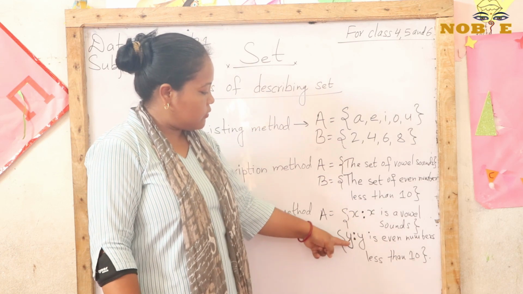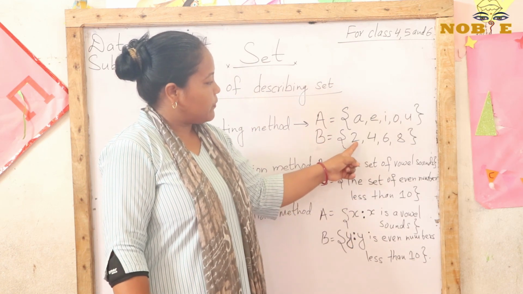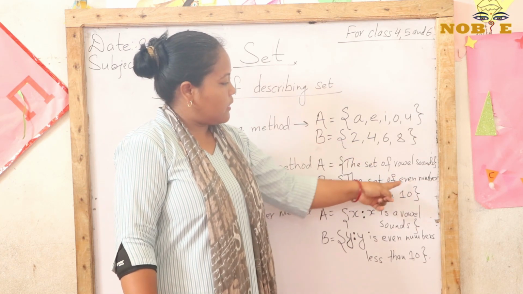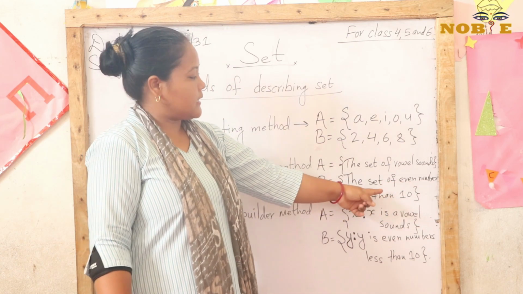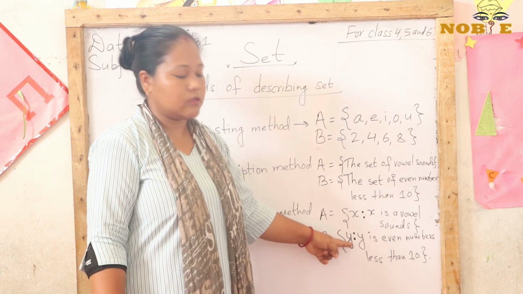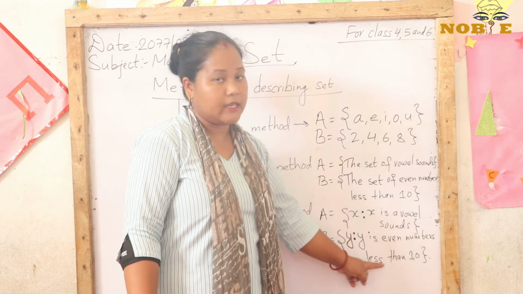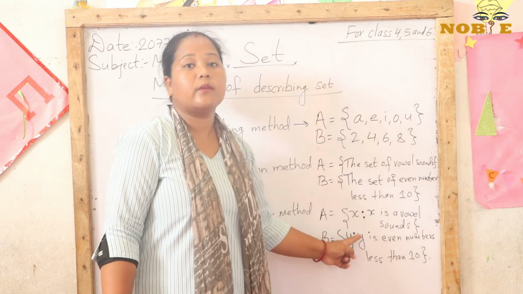So we are using y here. Y is a variable to denote the elements of set B, even numbers less than 10. So y such that y is even numbers less than 10. At last we should write the property of that variable also.